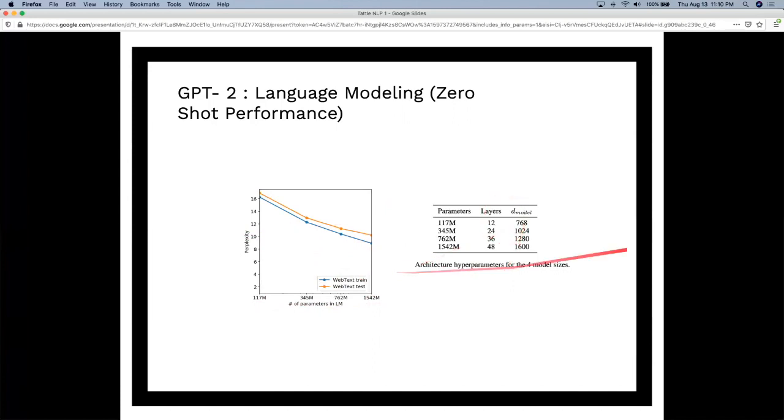They try from 12 transformer layers, they go to 48 transformer layers, and they also increase the dimension. So now we can have a significantly larger context that we pass to the model. They experiment on all of them to see the effect of increasing the size of the model.